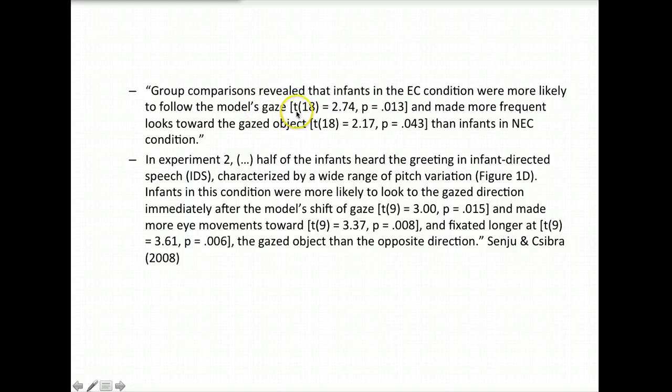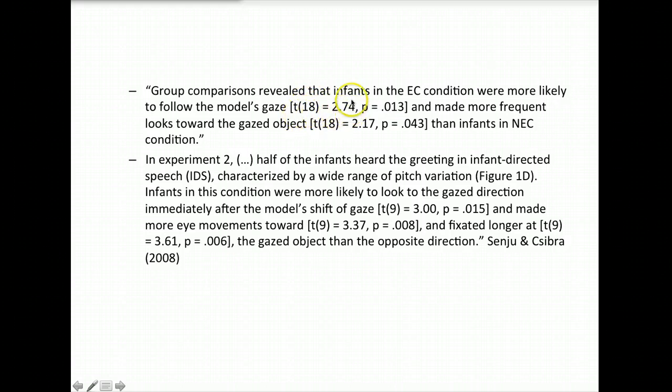This tells us that they made a t-test between two conditions, probably the eye contact condition and the non-eye contact condition. Then we have a value here. It reflects the degrees of freedom. I won't go into much detail about this, but it actually tells us that there were not 18 but 19 participants in this sample. That is, the sample size was 19, and that gives us 18 degrees of freedom.